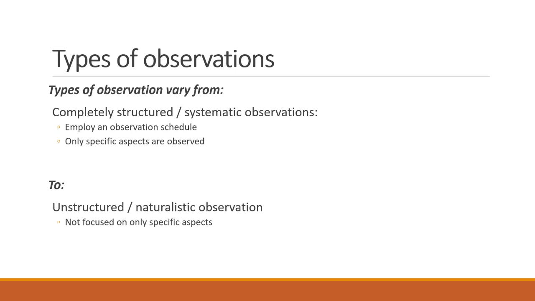So there is a schedule in terms of the specific things that you are observing, right? And if you are in the field, same thing. What is it that you are interested in within that particular community? So you observe specific things that will lead you to be able to answer your research questions. Okay.